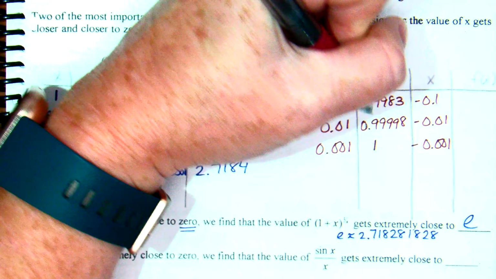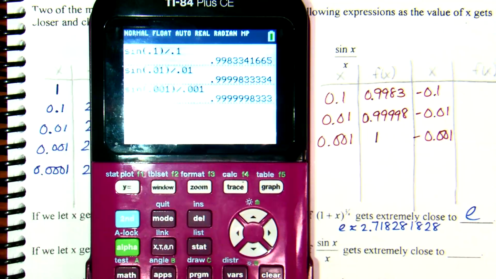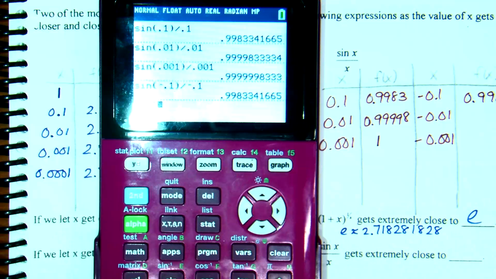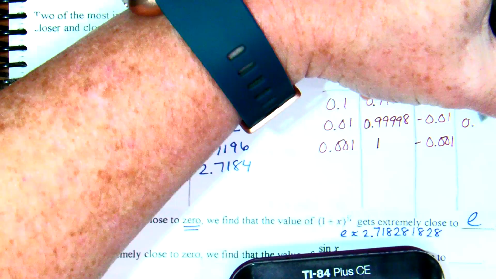What's happening if you do the negatives? Sine of negative 1/10 divided by negative 1/10. Same number, 0.9983. So take a guess. Sine of negative 100th divided by negative 100th. That's the 4 9s before it turns to something else.